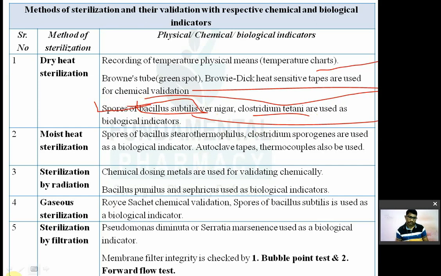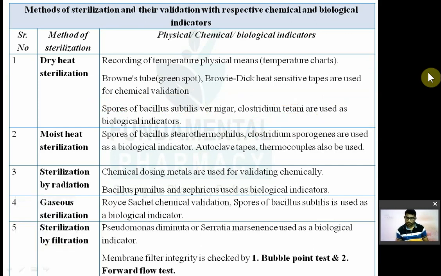Okay, let me say this once more because it is important. How will you validate the dry sterilization method? By physical, chemical and biological indicators. Physically, you can check the temperature by means of a thermometer. Chemically, you can validate dry sterilization by using these two: Brownian's tube and Brevidic heat sensitive tapes.